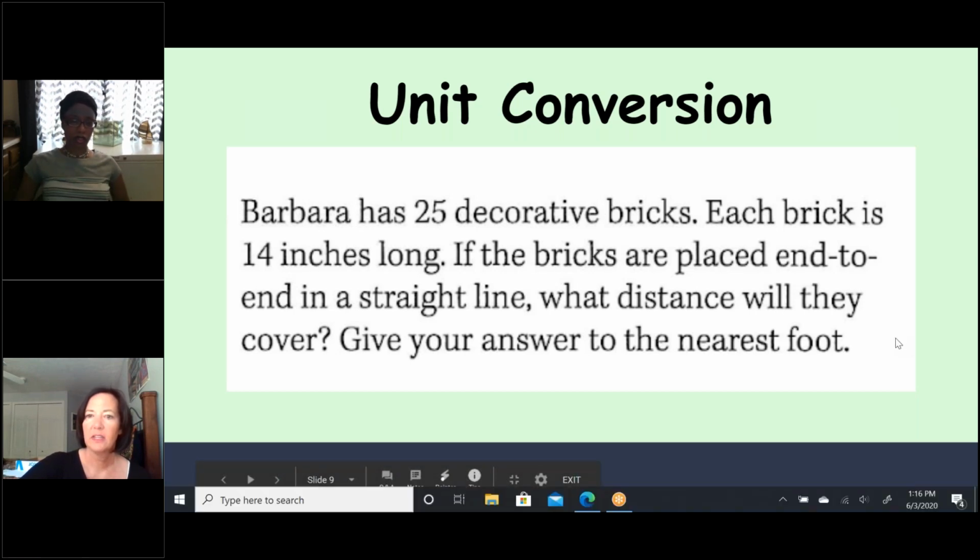Okay, let me see. In a straight line. What is this? It will cover... So I'm just going to do 14 times 25.